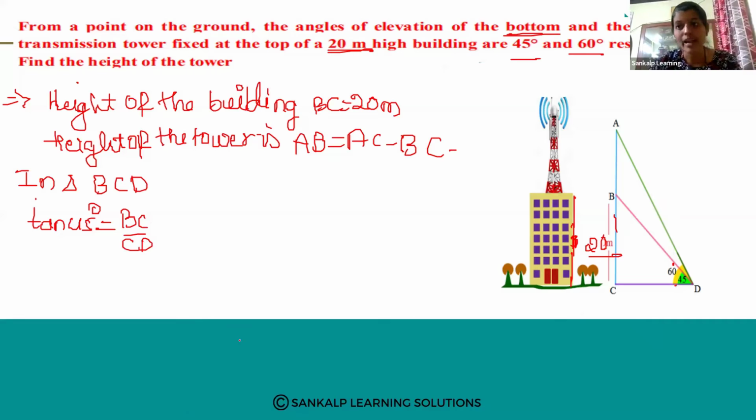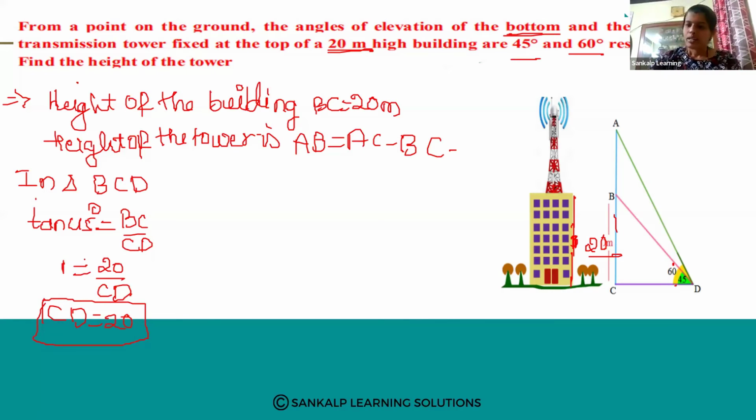BC is 20. And what is the value of tan 45 degree? That is 1. Yes or no? So tan 45 is 1 and BC value is 20 divided by CD. Transfer the CD to this side. CD is equal to 20. Yes, my dear children, CD is equal to 20.